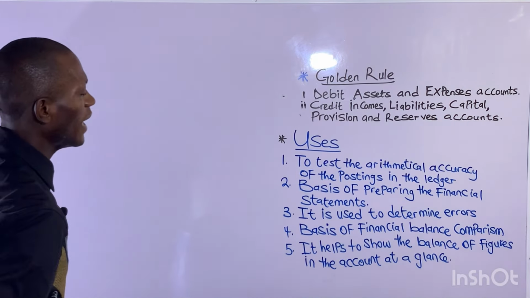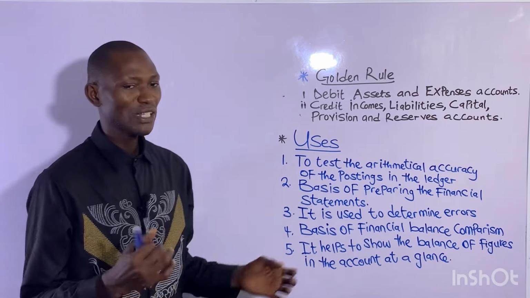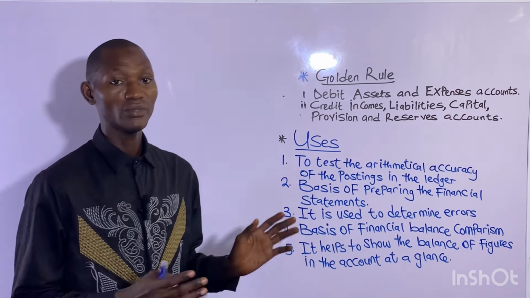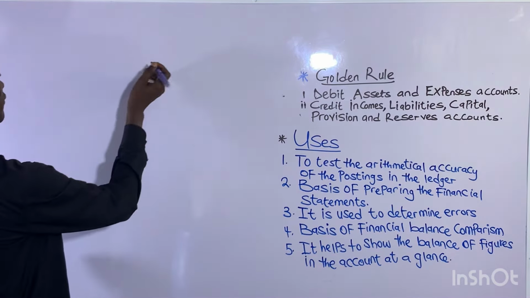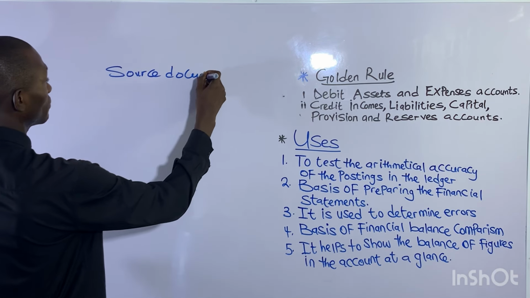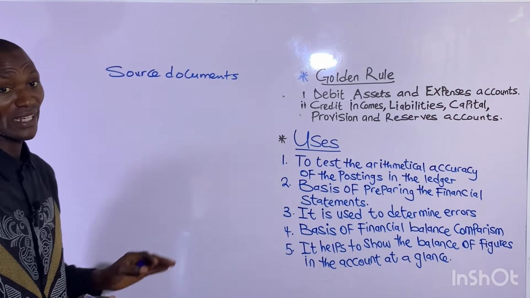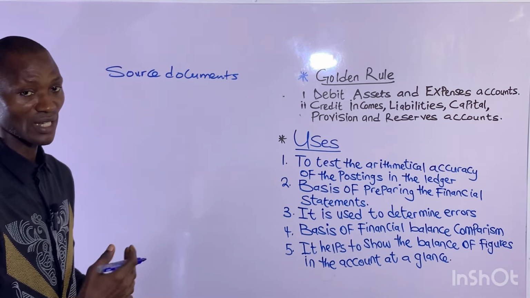So, we call it the vehicular chain of business transactions. Business transactions are usually obtained from the source documents, which we have talked about in some of our previous episodes. So source documents are documents from which business transactions are obtained.